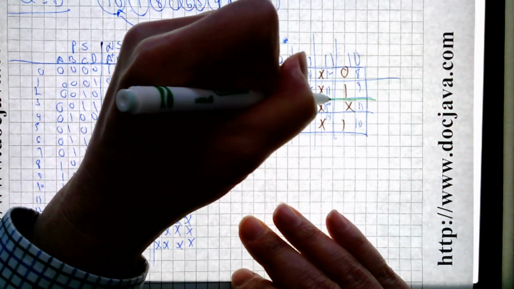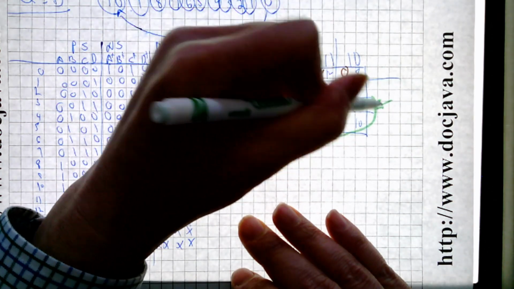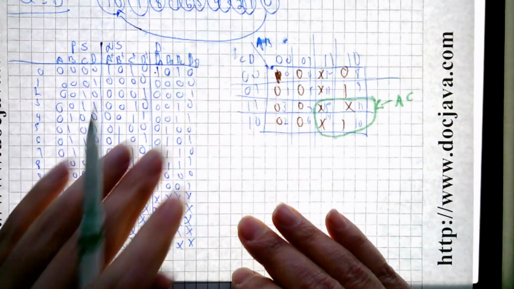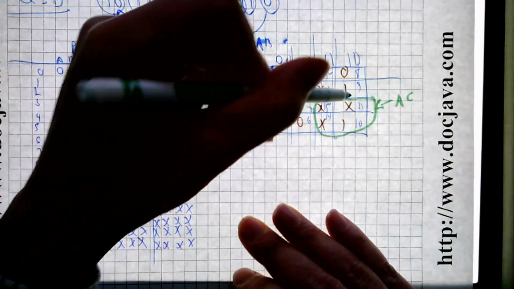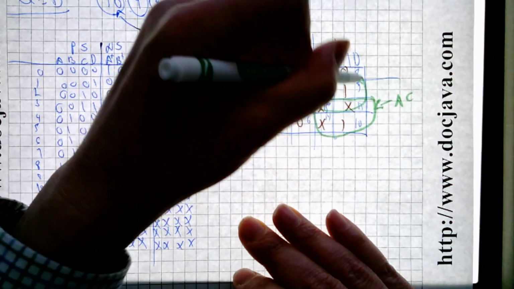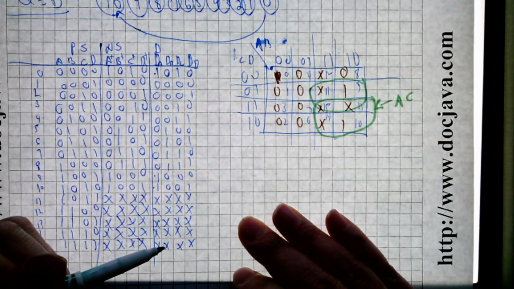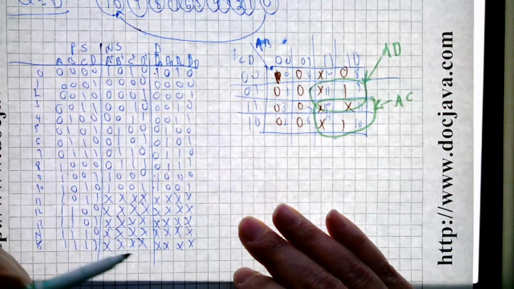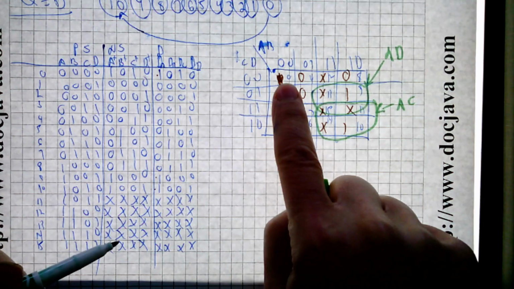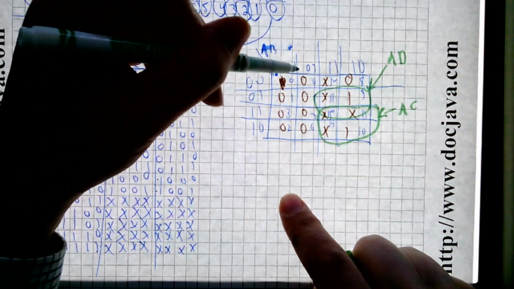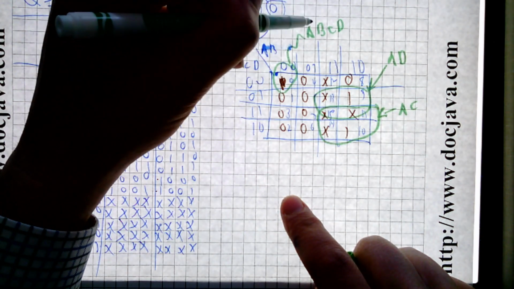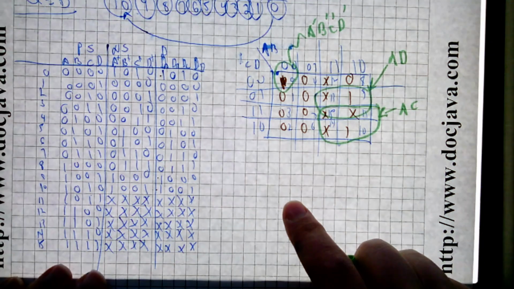Because of those don't cares, I can loop this, and that'll give me A, C. And because of the don't cares, I can loop this, and that's going to give me A, D. This little guy in the corner, I got nothing for him, so when I loop it, it's like that.